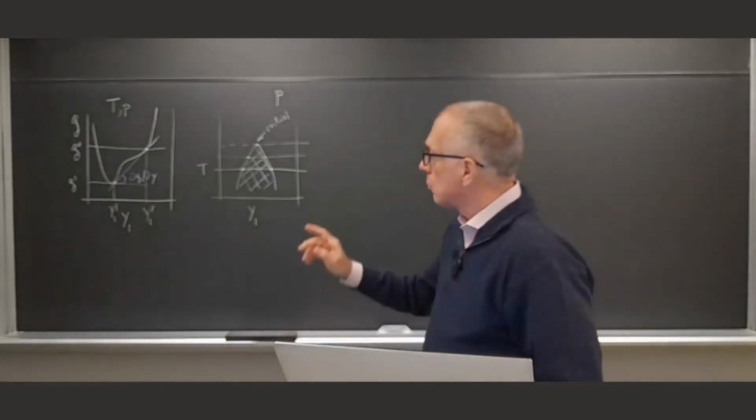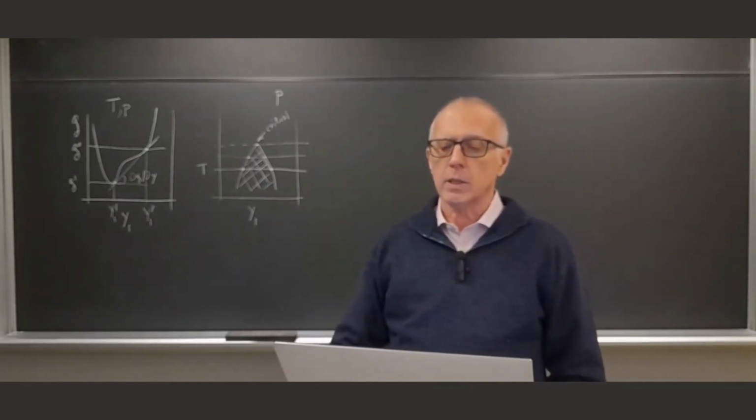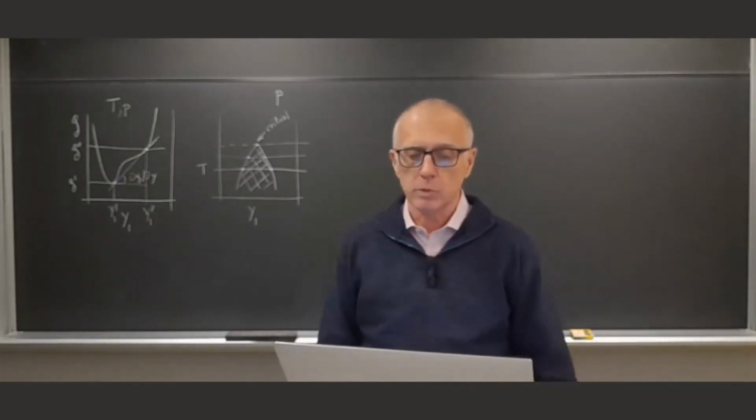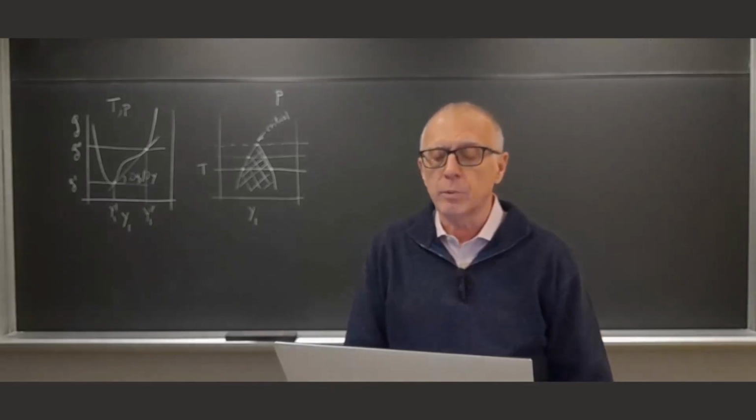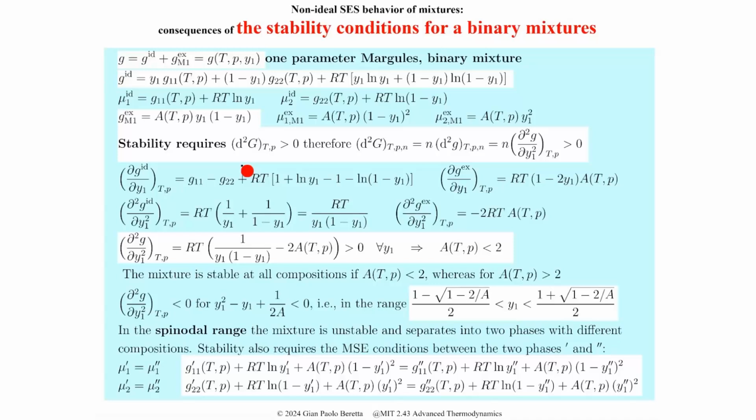So let's try to do that construction with one of the models that we have assumed, the simplest, the 1-parameter Margules model for the binary mixture, so just parameter A. So the Gibbs free energy is a sum of an ideal part and an excess part. The ideal part is given here. Something can be computed from the pure substance properties.